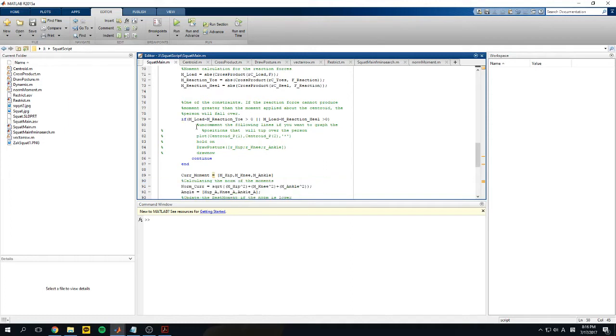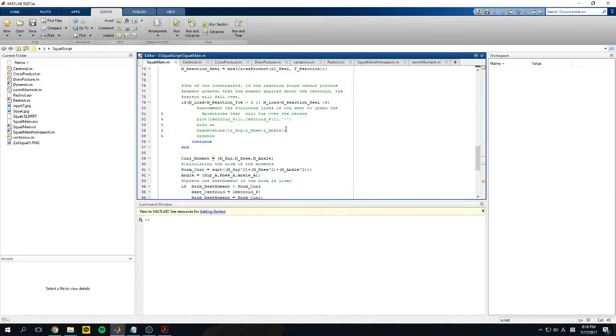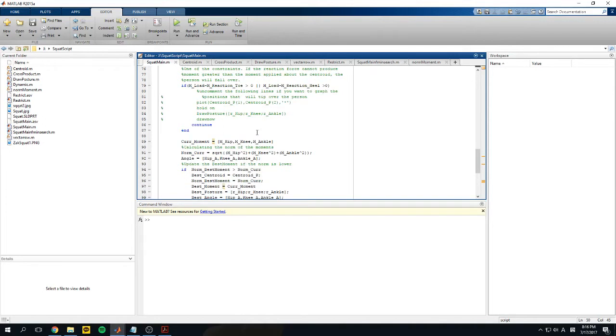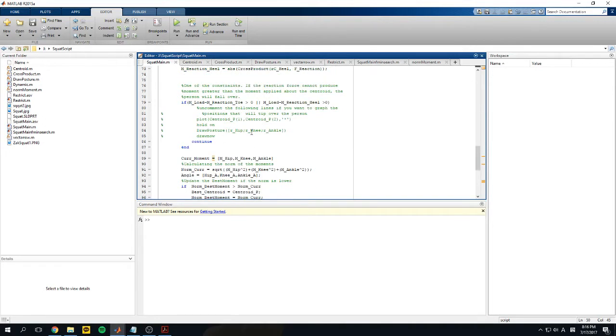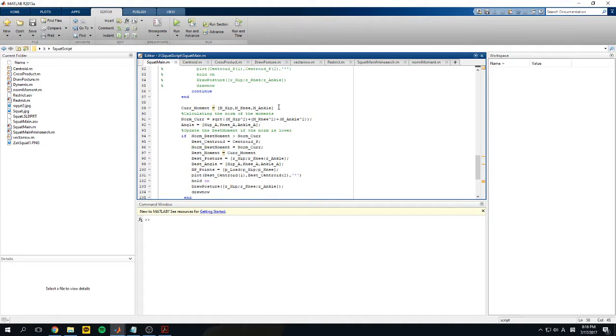Therefore, we have this if statement that says if the moment created by the load minus the moment created by the reaction on the toe is greater than 0, or if the load is bigger than the reaction from the heel, then the loop just continues, because we consider that iteration a failed posture. If, however, the posture does not go through this restriction, which means the person does not tip over, then the moment is vectorized, the norm of the moment is found, and the angle is also recorded.